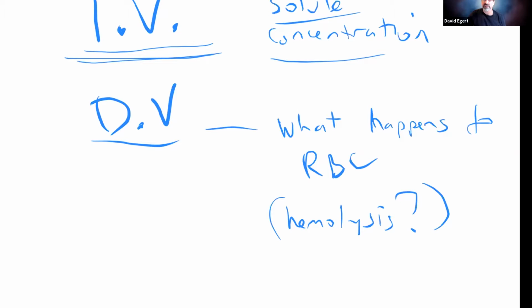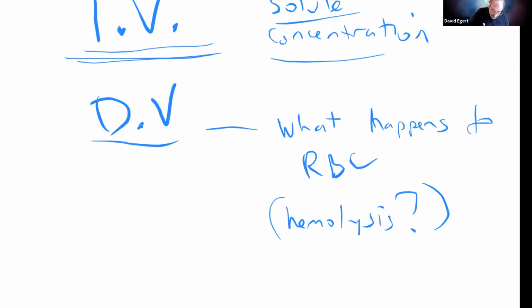Crenation is a little trickier, but if you have a comparison, you can make some assumptions about what's going on. You won't have definitive evidence of crenation unless you look under the microscope and see them all shriveled up. You have definitive evidence of hemolysis if the supernatant stays red.